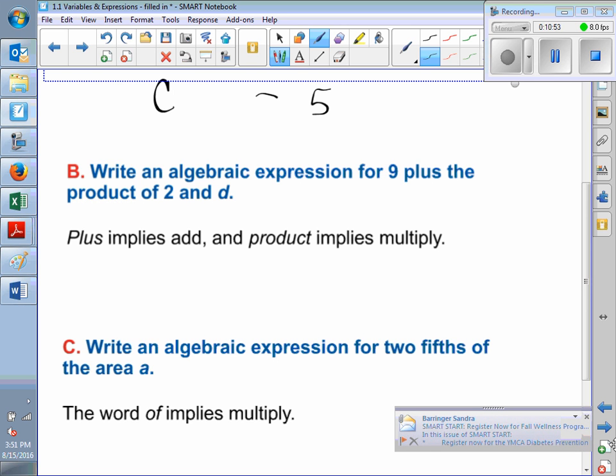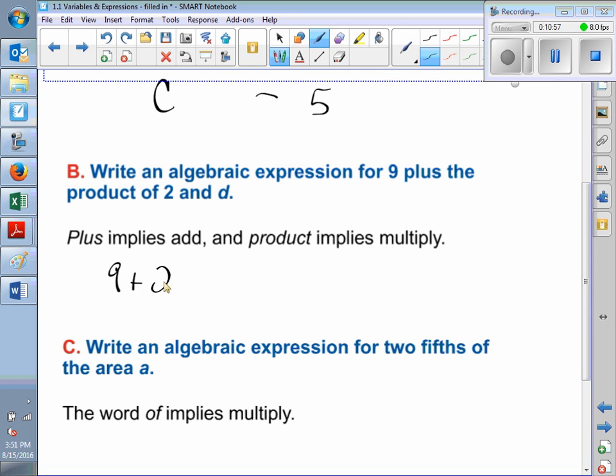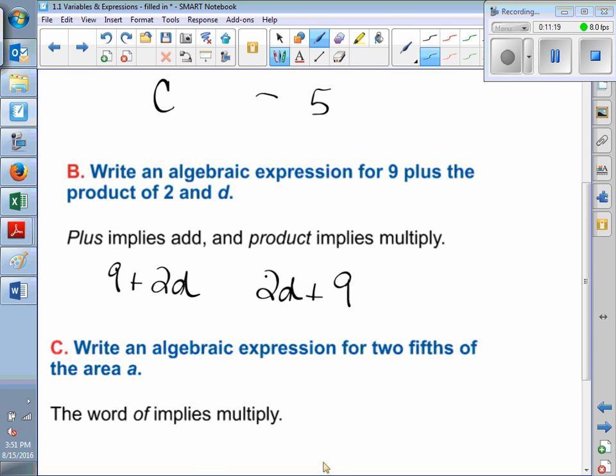Anybody, just spit it out. 9 plus 2d. Very good. Is that the only way I can write it? Nope. I can flip it around too, right? 2d plus 9. Even still, it's the product of 2 and d, and the sum, we're going to add that to 9. Is that clear?